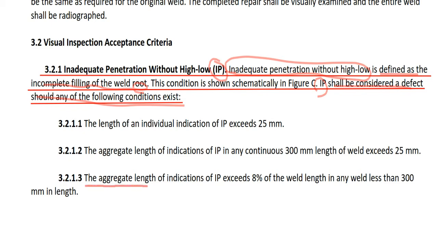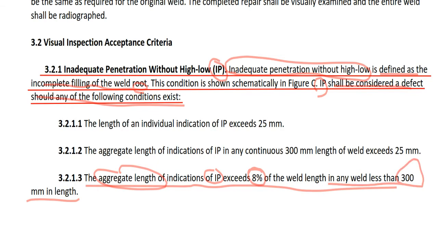The aggregate length of indication of IP exceeds 8% of the weld length in any weld less than 300 mm in length. Aggregate length of IP exceeds 8% in any weld less than 300 mm length.